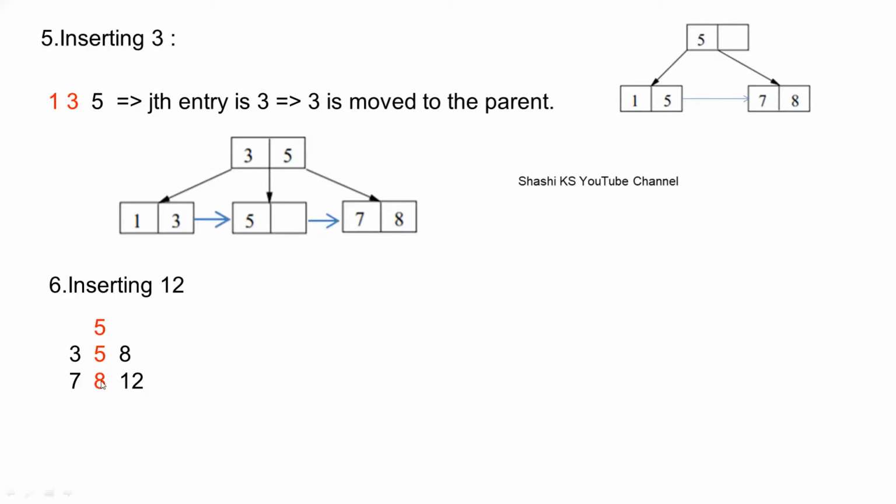So that means I have to move 8 to here. When I move 8 here and arrange it in sorted ascending order, I get 3, 5 and 8. But again, there is a node overflow in the parent node also. When there is a node overflow in the parent node, there is a slight change in our principle.